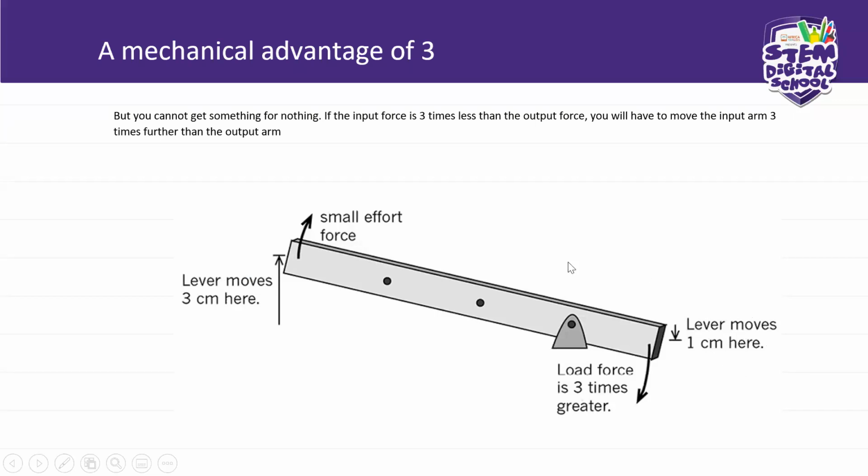So the input distance is greater than the output distance, but there is a small effort, a small input force, and you get a great output force. So that will bring us to the difference between distance advantage and force advantage.